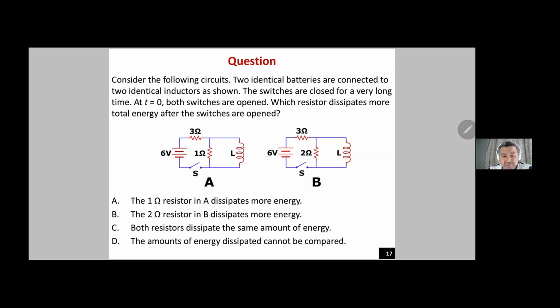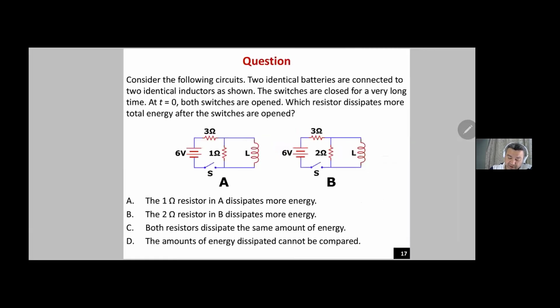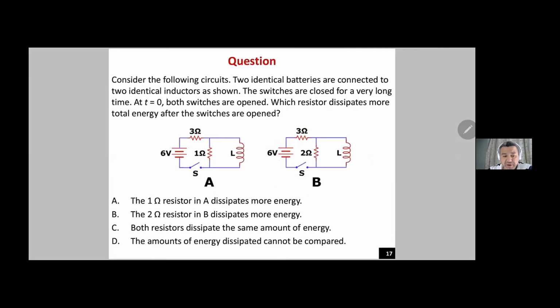Which one dissipates more total energy? The 1 ohm in A or the 2 ohm in B?